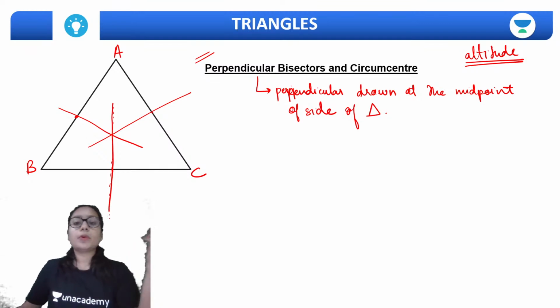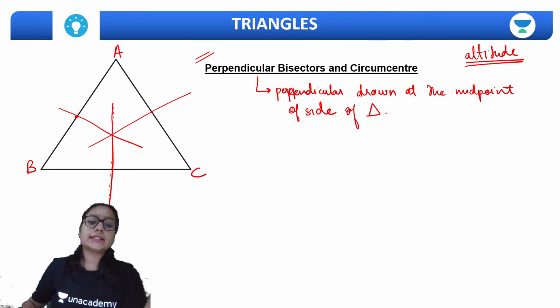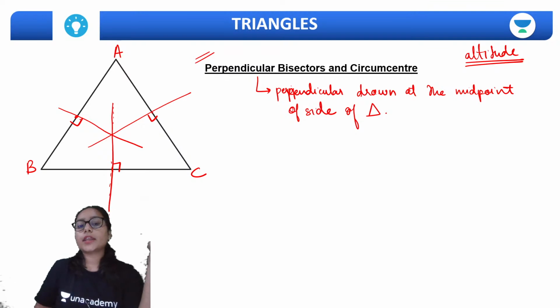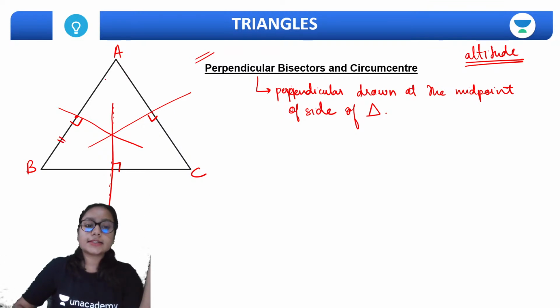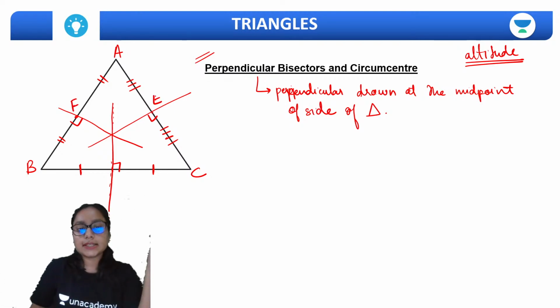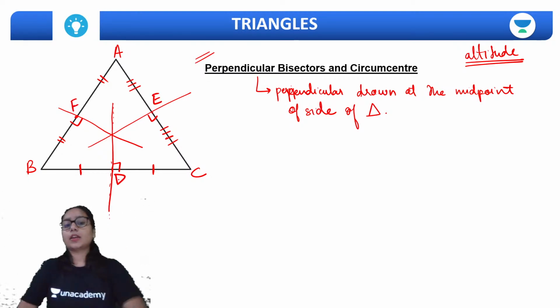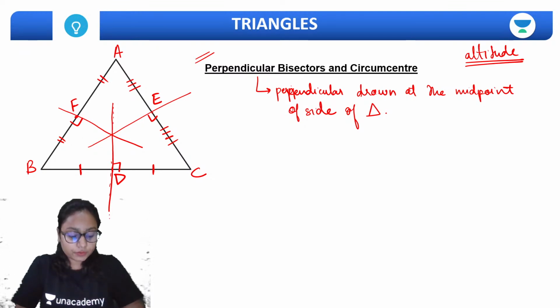Or you can say a perpendicular divides the side of the triangle into two equal parts, and also this is 90 degrees here. So in this case, this segment is equal to this one, and this segment is equal to this one. Let us take this as point F, this is E, and this is D. Is this clear, all of you?